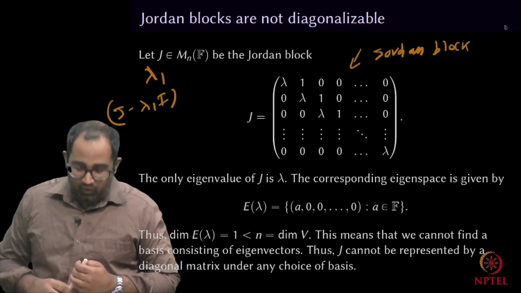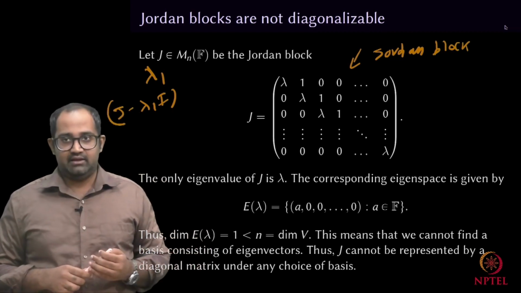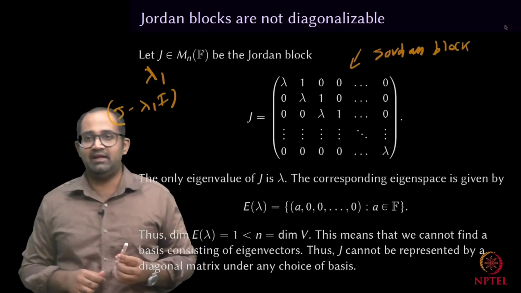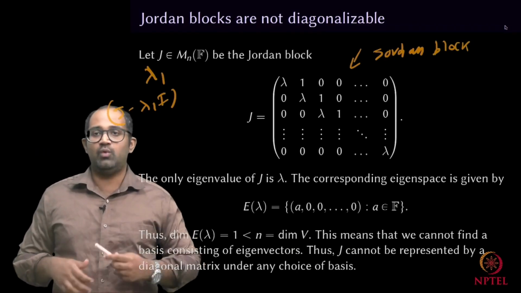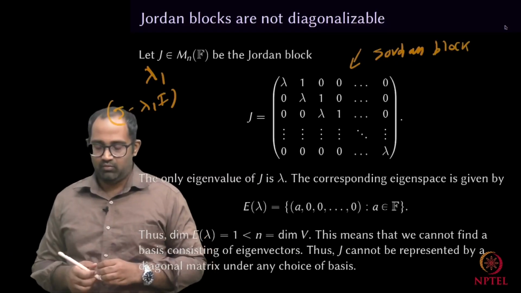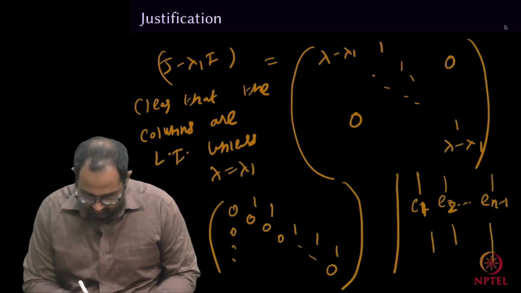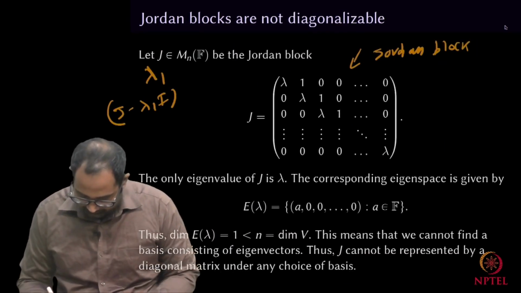So when you multiply J minus lambda I with a vector v and you expect it to be lambda v, then what happens?